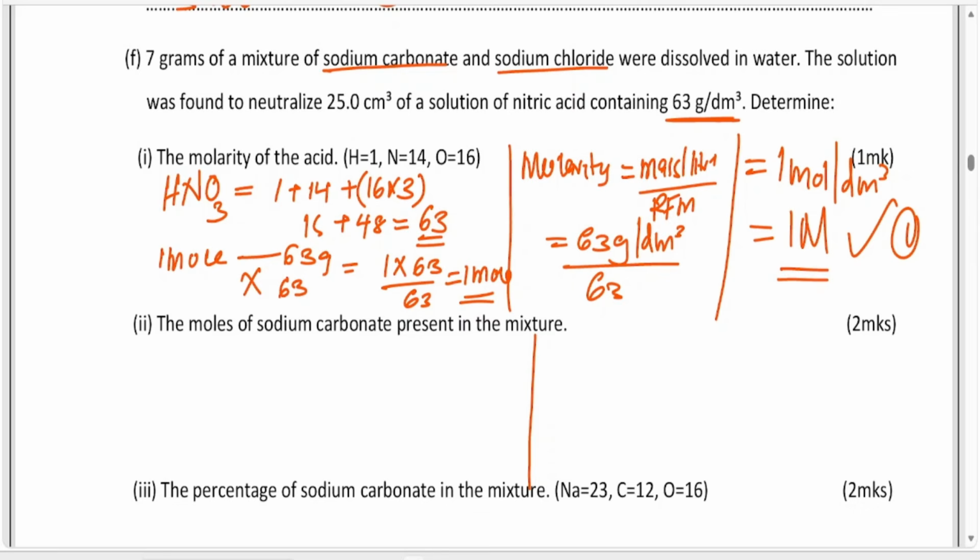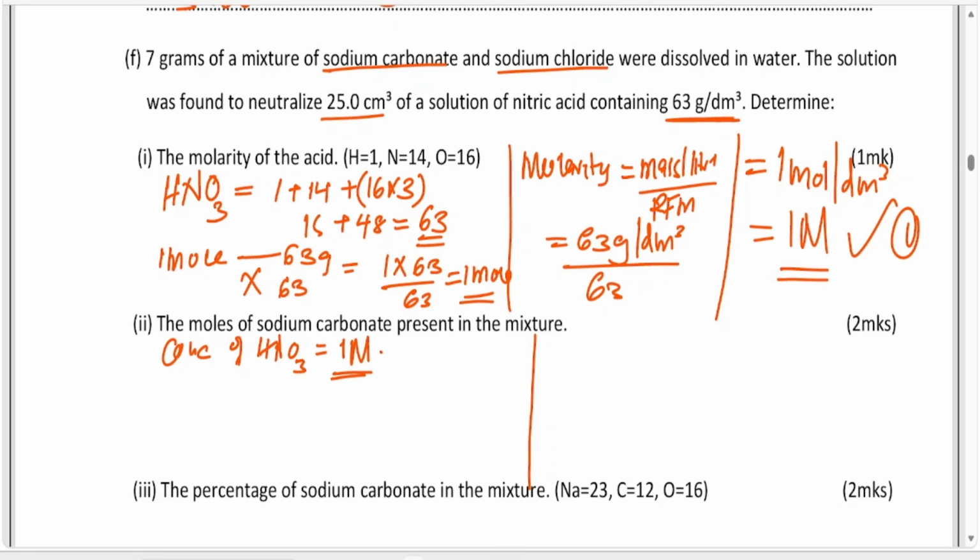So I'll begin by asking myself, I understand that 25 cubic centimeters of the acid was neutralized by the base. So in this case, I have the concentration of the acid, nitric(V) acid. In our case here, we know it is 1 molar.